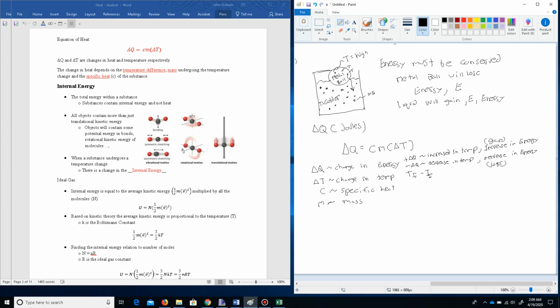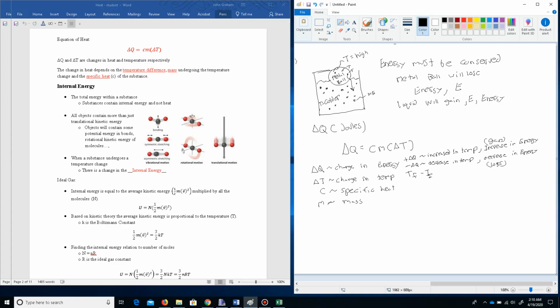They can contain symmetric stretching or asymmetric stretching. They can contain bending. Just all different energies of motion, including potential energy within bonds, all certain types of movement.